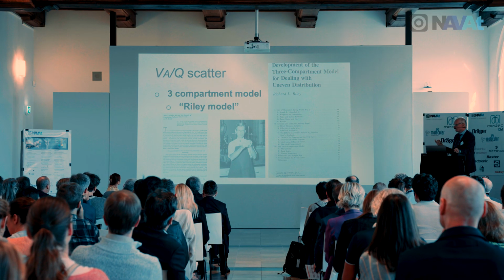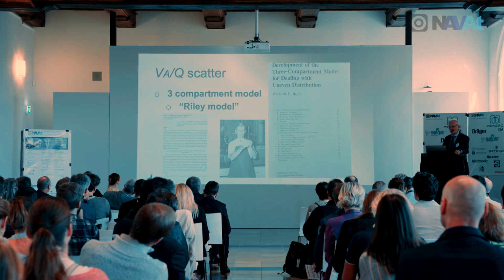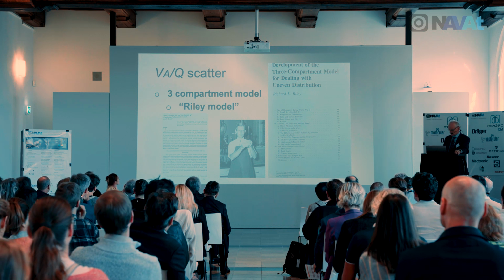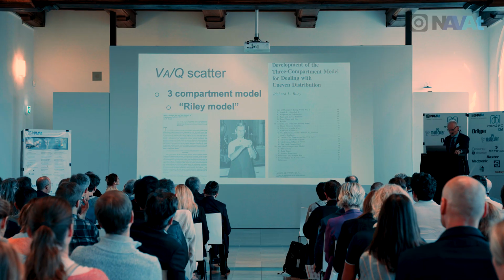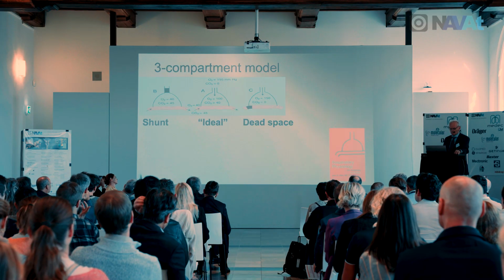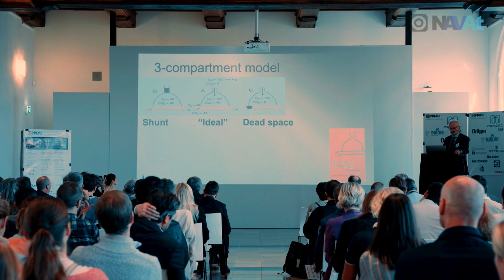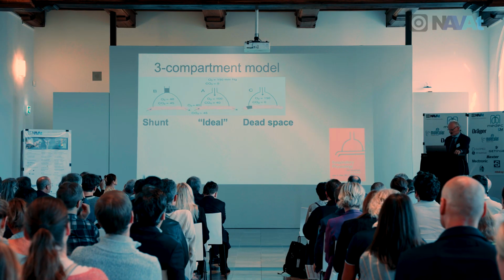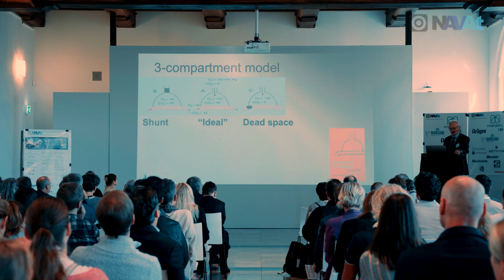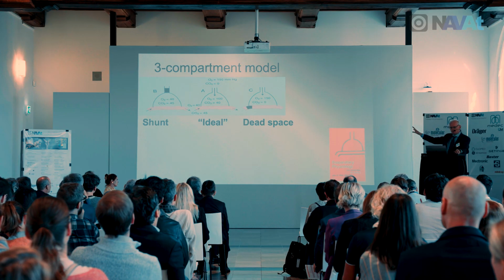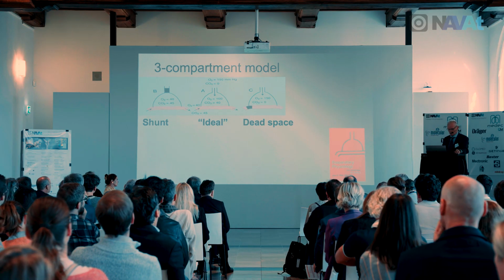Our understanding of the drivers of these AA gradients and VQ mismatch is the Riley model, which we spoke about last time, concepts generated many, many years ago. It looks like this in West's textbook, with the ideal compartment in the middle, and dead space and shunt on either side of it.